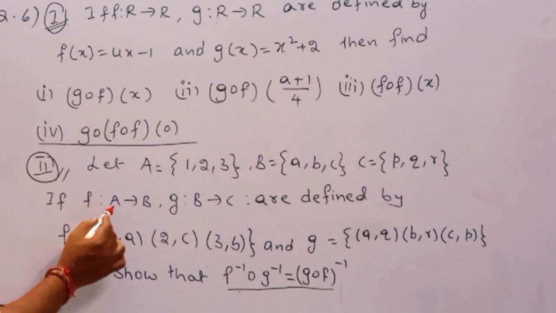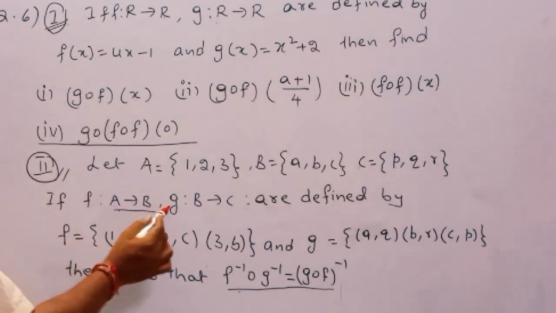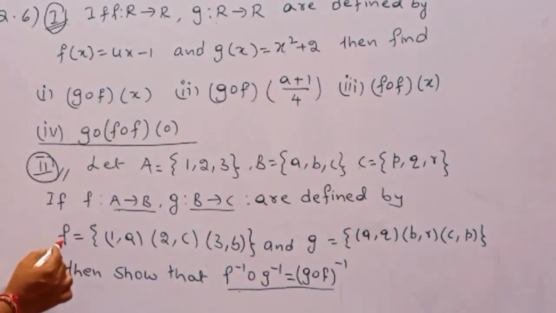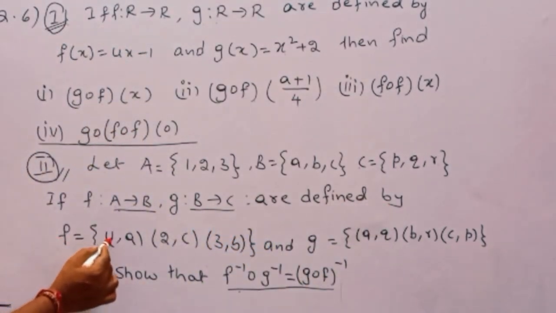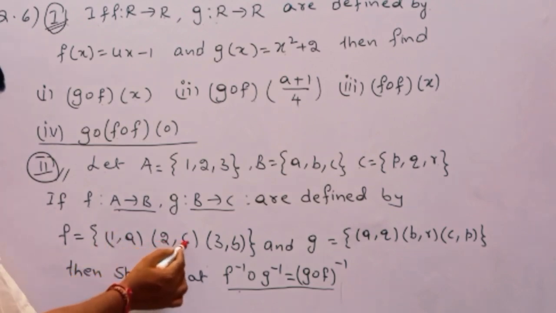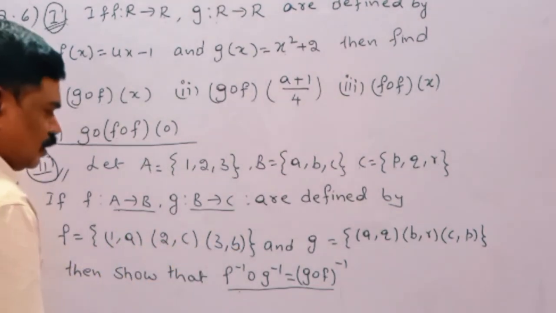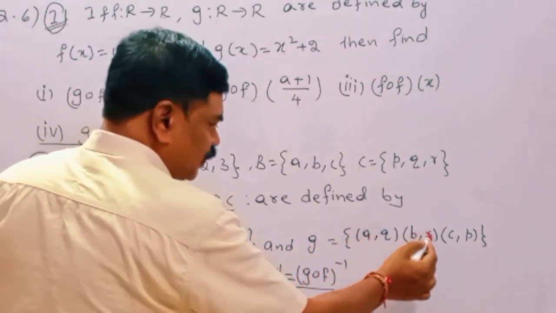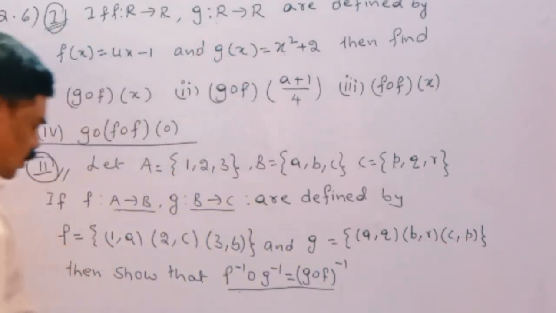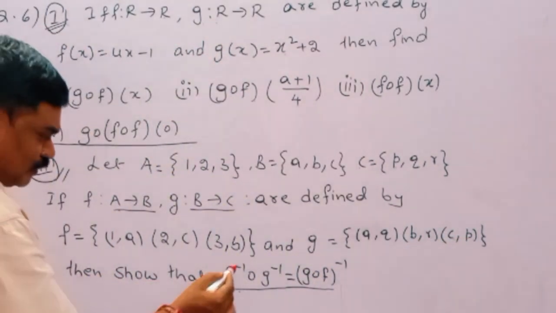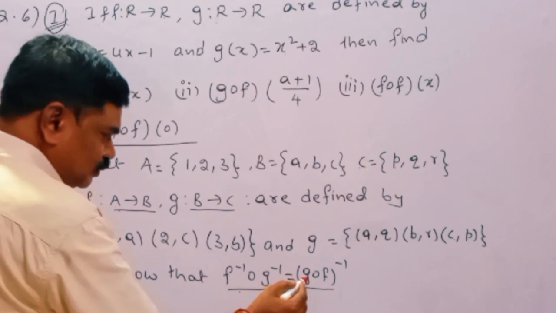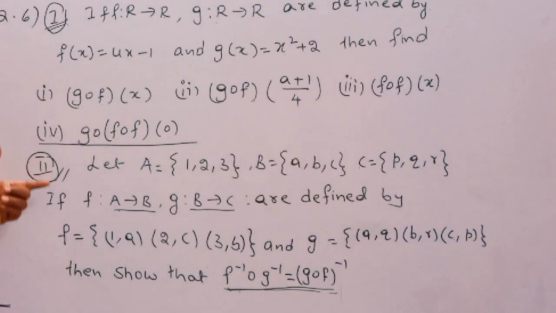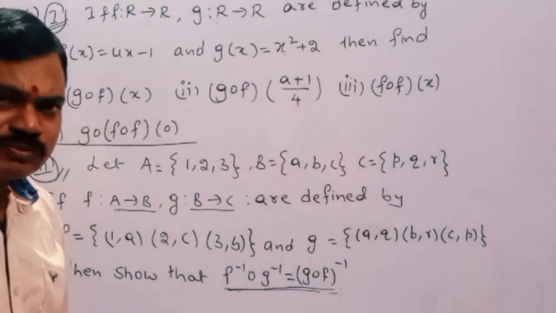If f is a function from A to B, g is a function from B to C, defined by f is equal to set of ordered pairs (1, a), (2, c), (3, b), and g is (a, q), (b, r), (c, p). Then show that f inverse circle g inverse is equal to (g circle f) whole inverse. So we want to solve these two problems.